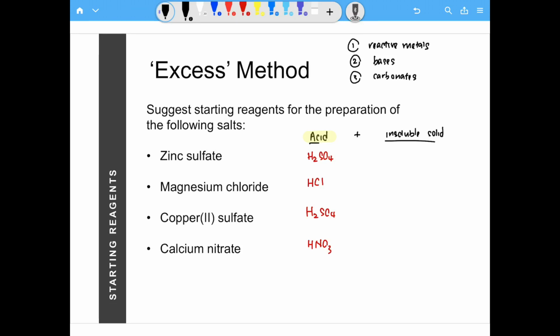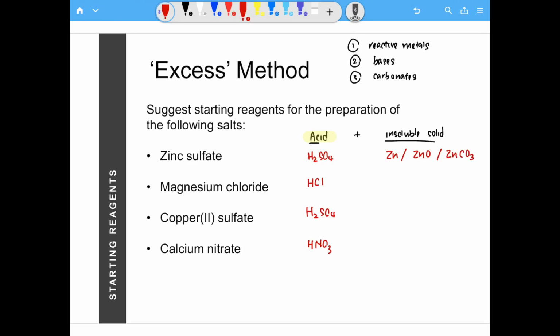So essentially, there are many options that we can think of when trying to determine the insoluble solid to be used. For example, in the case of zinc sulfate, we need to react sulfuric acid with either zinc metal, zinc oxide, which is a base, or zinc carbonate, which is a carbonate.